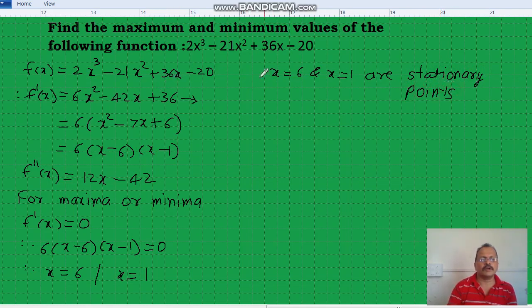Let us see what happens for the second derivative. f''(6) is equal to 12 into 6 minus 42. 12 sixes are 72, minus 42, it is 30, which is positive.